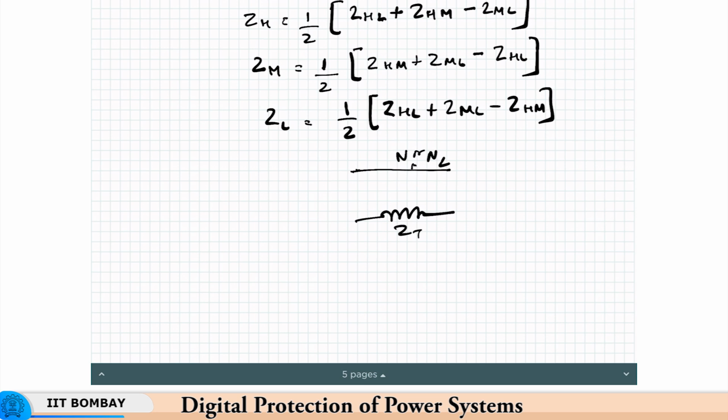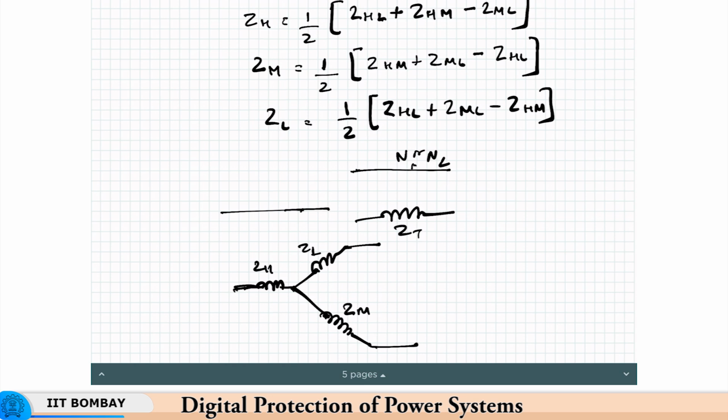Say this is the reference bus, then this will be ZH, ZL, and ZM.